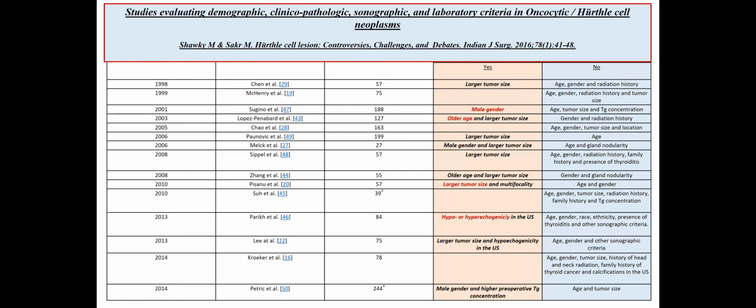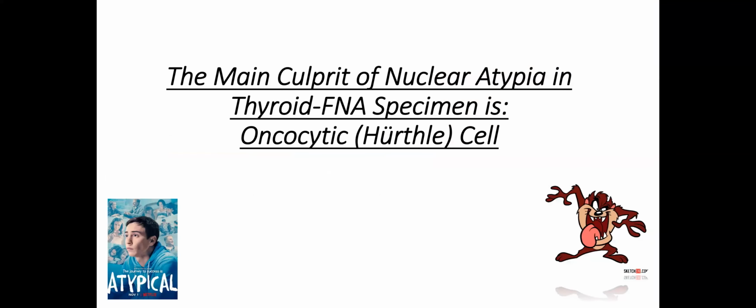So a male patient presenting with a large size tumor, which is hyperechoic, and you biopsy on ultrasound, and it is an oncocytic neoplasm, the chances of that being malignant sometimes is as high as 50 to 60%. So that is very interesting for these oncocytic lesions.